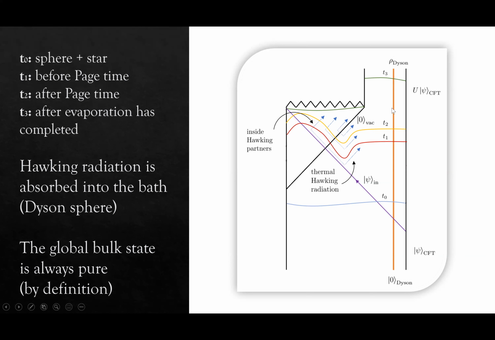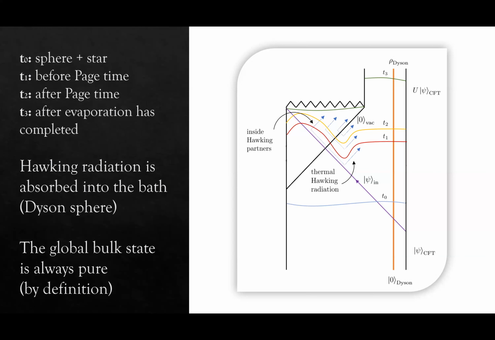You can imagine I have a black hole, and then I have a huge sphere around this black hole. As the black hole is evaporating, all of the Hawking radiation is getting detected on the Dyson sphere and being absorbed there. It's just like in the case with the auxiliary system, where we were putting it in some auxiliary spacetime. Here, instead of introducing some auxiliary spacetime, we're putting everything within one bulk. So absorbing the Hawking radiation inside that one bulk.